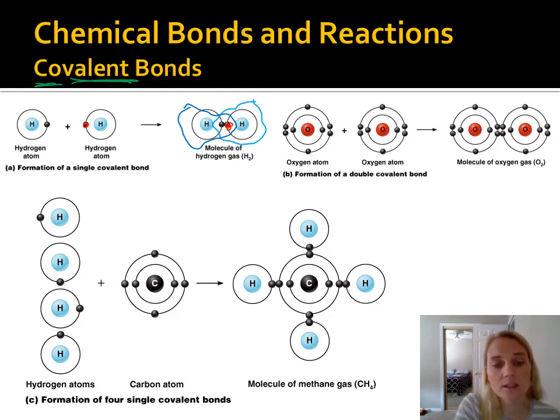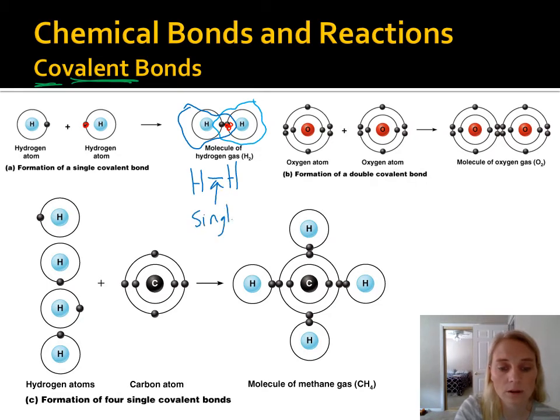So this is sharing electrons as covalent bonds. Okay? And this is sometimes drawn like hydrogen with a line to another hydrogen. This line is a single covalent bond.